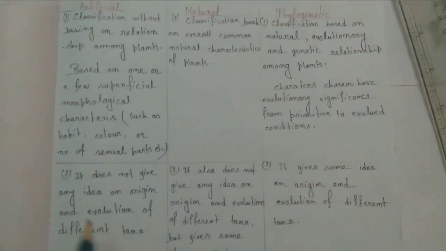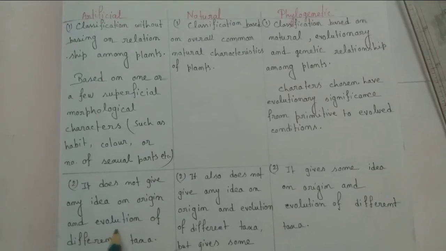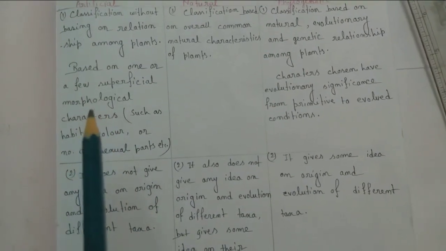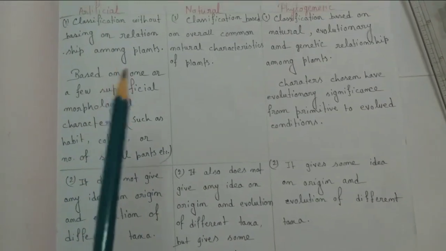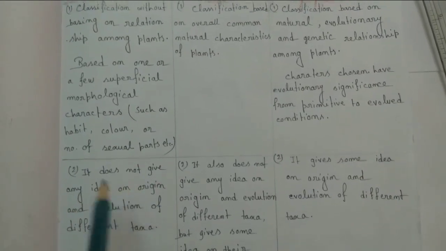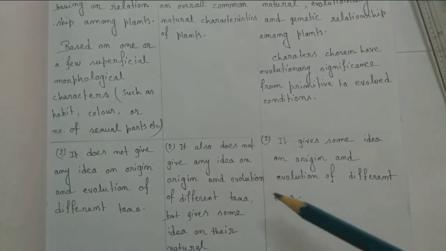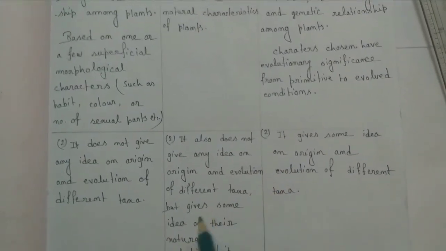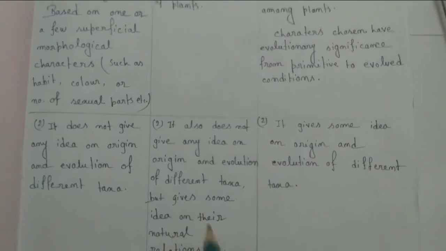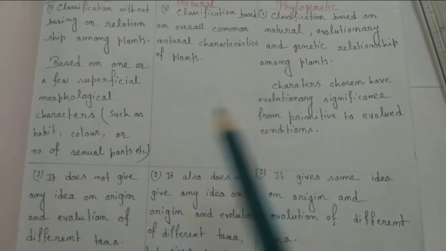So we can say that the artificial system does not give any idea on the origin and evolution of the different taxa, because it is based on only one or two natural characters. The natural system also does not give any idea on origin and evolution, but it gives an idea on their natural relationship, because it uses all the common natural characters.